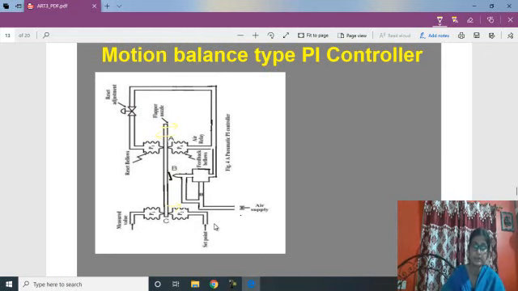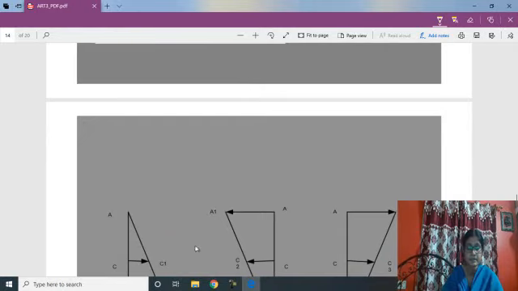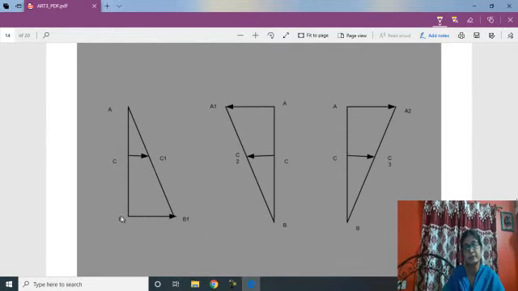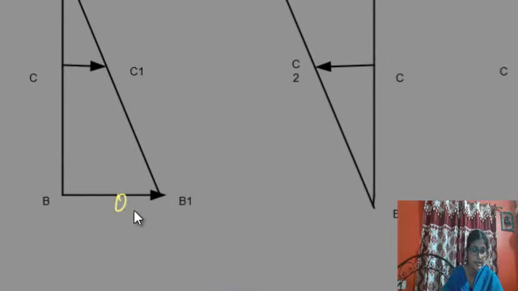Now how is this the functionality, and how can this ensure that PI effect is generated? That is, we will establish the mathematical model of this PI controller. The beam movement, whatever we have discussed, that in the first level the B will move to say B1. This is due to input signal, so this is called say theta I, input signal, and at that time C will move towards C1.